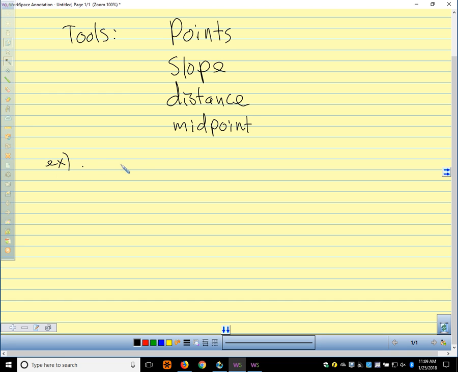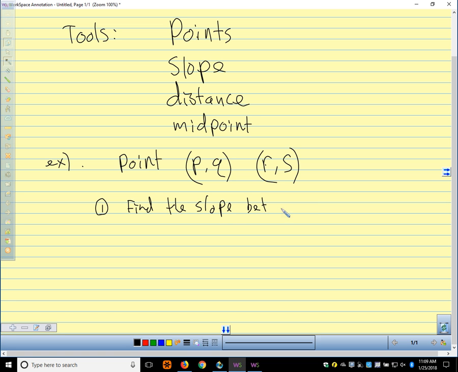So let's say our points are PQ and RS. And we want to find, for the first example, the slope between the points.